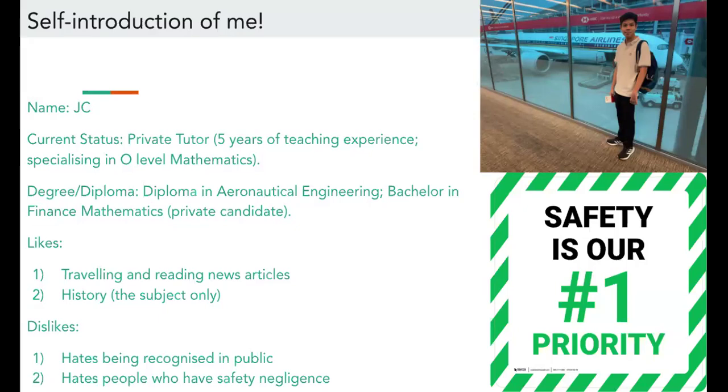Yes, I'm qualified, so you don't need to worry about me. I also have a few credentials. I have a diploma in aeronautical engineering and a bachelor in finance mathematics, but I did the bachelor in the US, overseas. So yeah, I'm a private candidate lah.